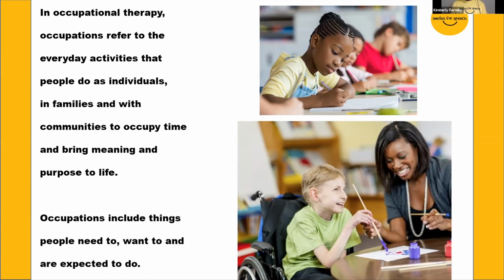For example, I like to cook, and when I try out a new recipe or make up a new recipe, it makes me happy. I enjoy that activity. So those are some examples of occupations. Occupations include the things that people need to do, the things that they want to do, and the things that they're expected to do.